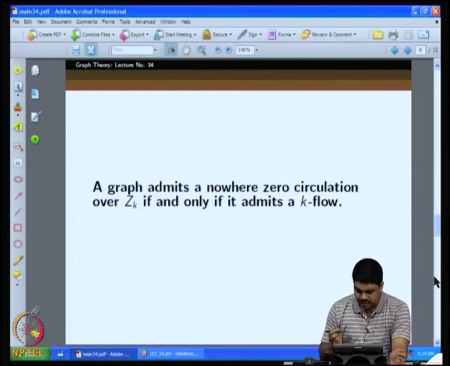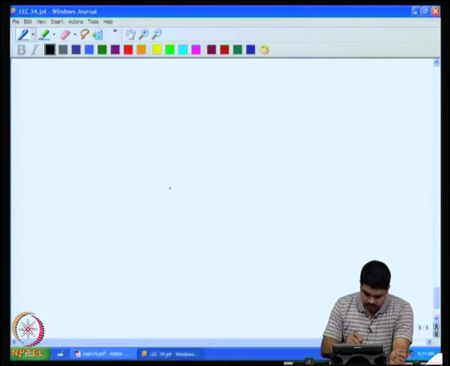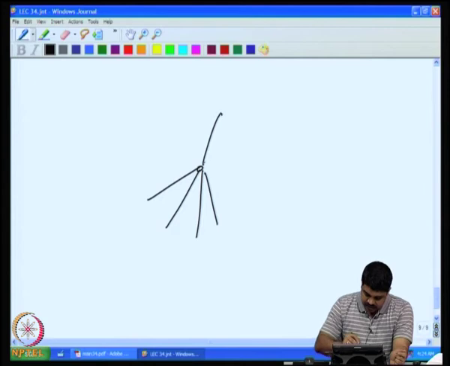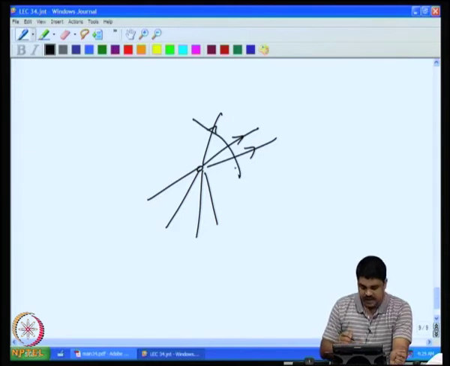So, this is somewhat different, because the main condition for the circulation was that the sum of the circulation values on the outgoing edges should be equal to the sum of the values on the incoming edges.